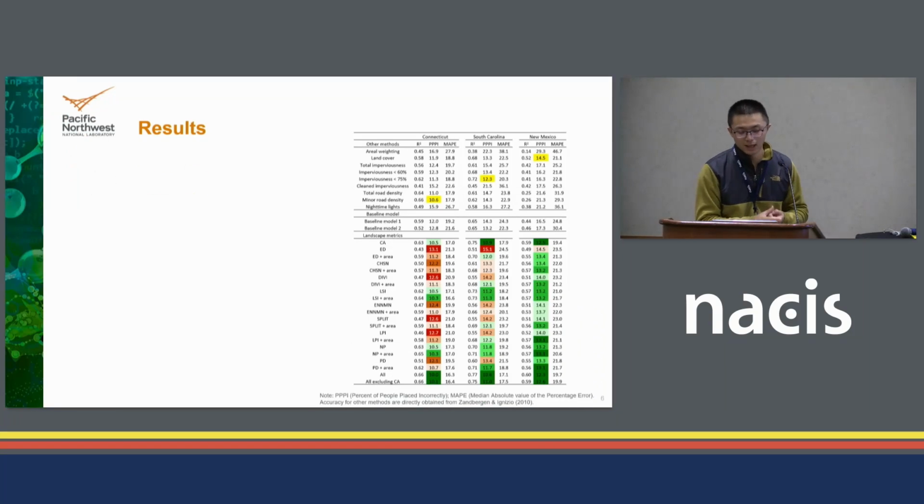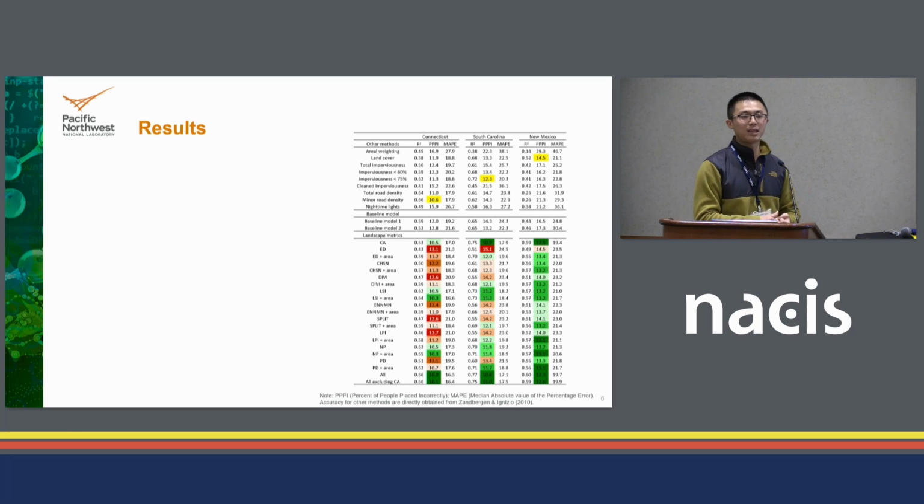For Connecticut, the best performing other method is using the minor road density as the ancillary dataset. But for South Carolina, it's actually using the imperviousness less than 75%. And for New Mexico, it's a different best performing model.